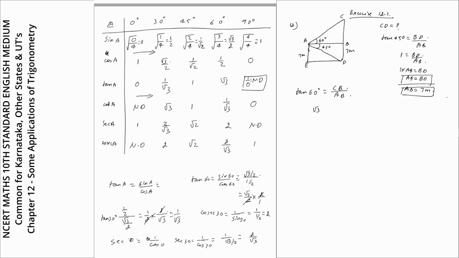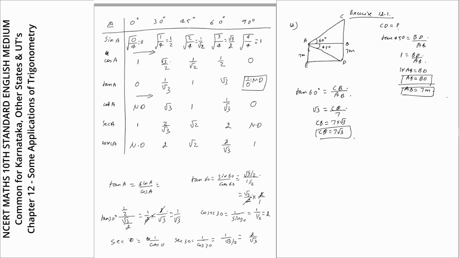So root 3 is equal to CB by AB. AB we just calculated, it came out to be 7 meters. Therefore, if we cross multiply, CB I will get as 7 into root 3.